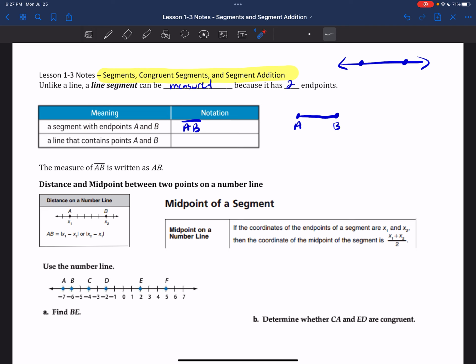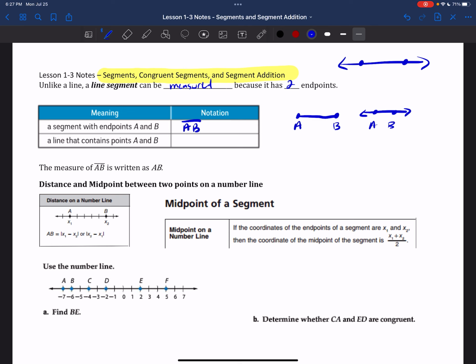Now, a line that contains points A and B. This is a little different. We have a line segment over here. Now I need to draw a line. A line looks like this, and it has to have at least two points, both with a capital letter.